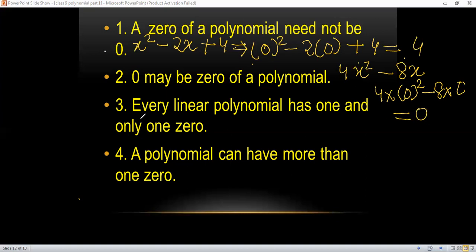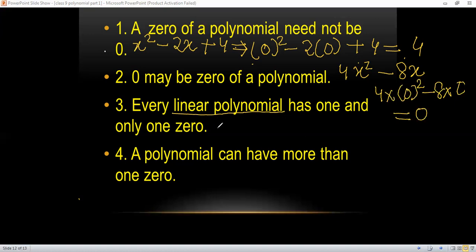Now next, every linear polynomial has one and only one zero. Linear polynomial means the degree of the polynomial is 1. So it has only one zero.